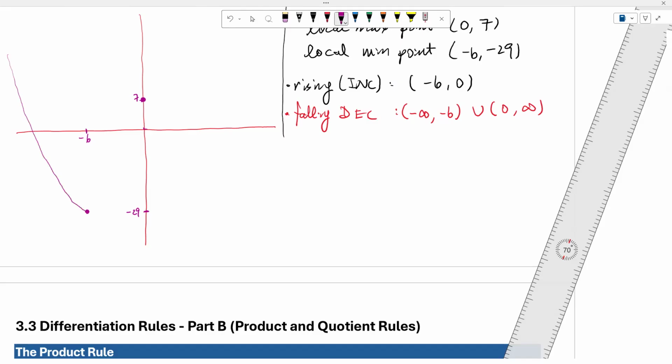Between negative 6 and 0, the function is increasing. And from 0 to infinity, the function is decreasing again. Then probably this will be my f function.